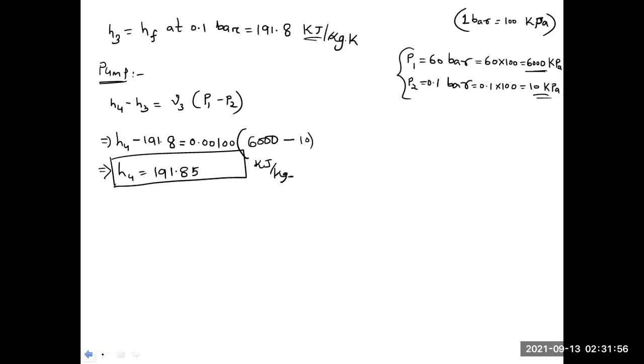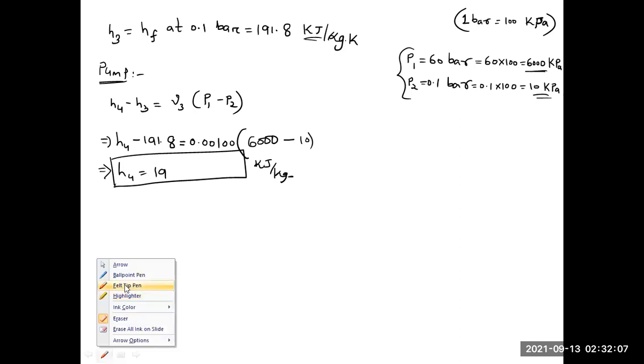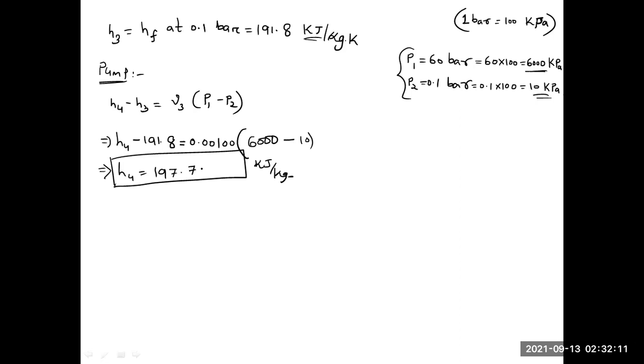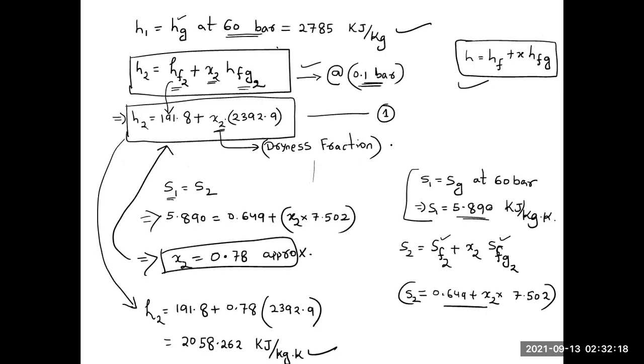Sorry, I made some mistakes here. It will be around 197.79 kilojoules per kg. Okay, so this is H4. Now we have got H1, H2, H3, and H4.